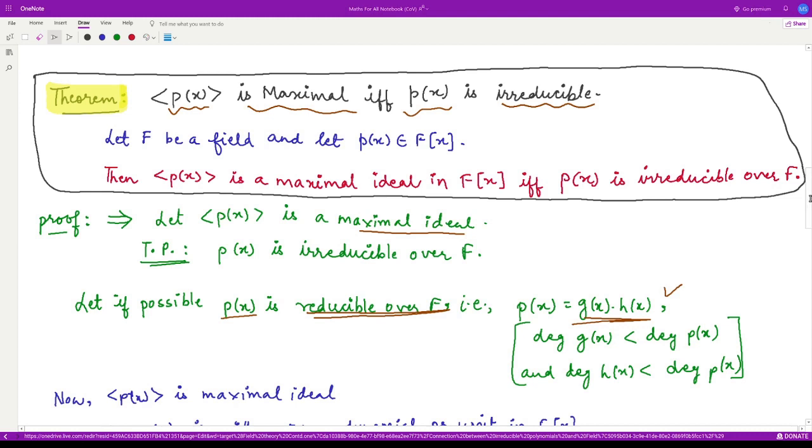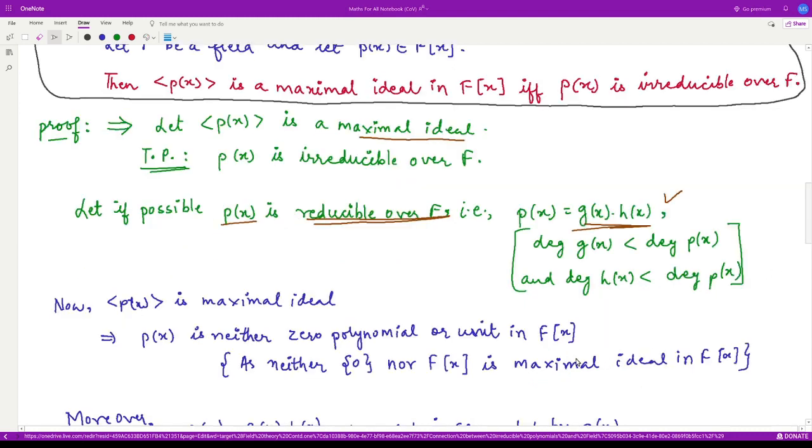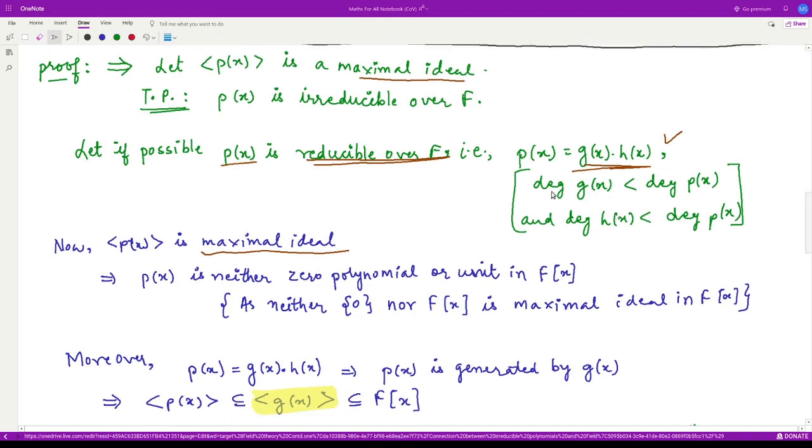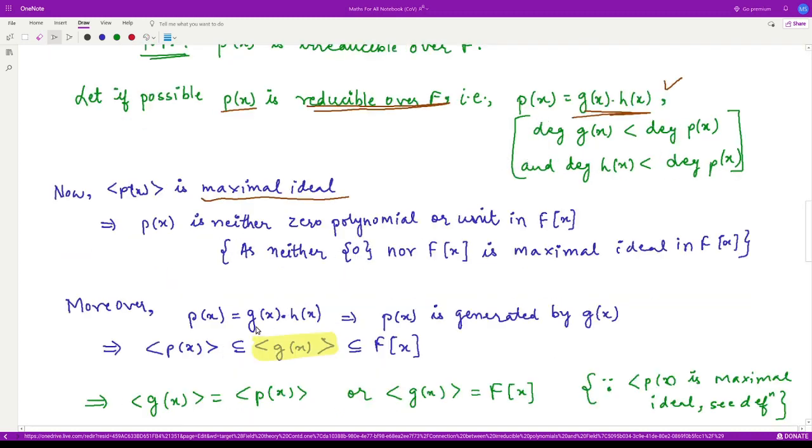So now we are given that the ideal generated by this polynomial is a maximal ideal. That means the polynomial could not be a zero polynomial or a unit polynomial because this is a maximal ideal. And moreover, we have written p(x) as the product of g(x) and h(x) because we have assumed p(x) to be a reducible polynomial.